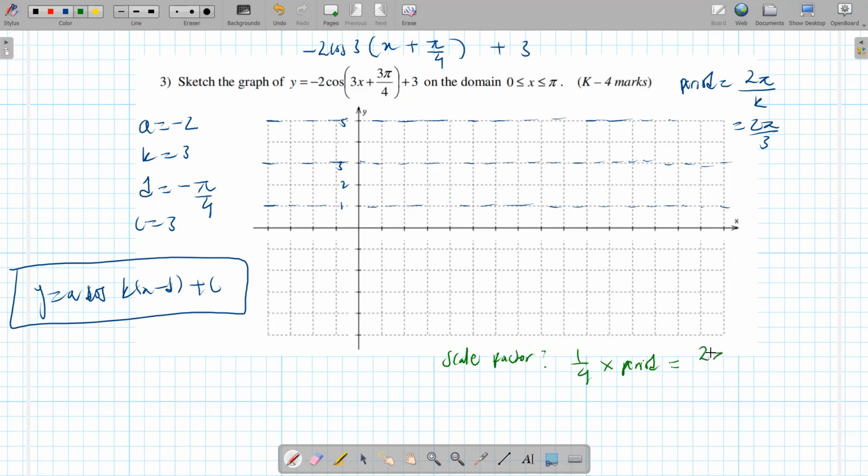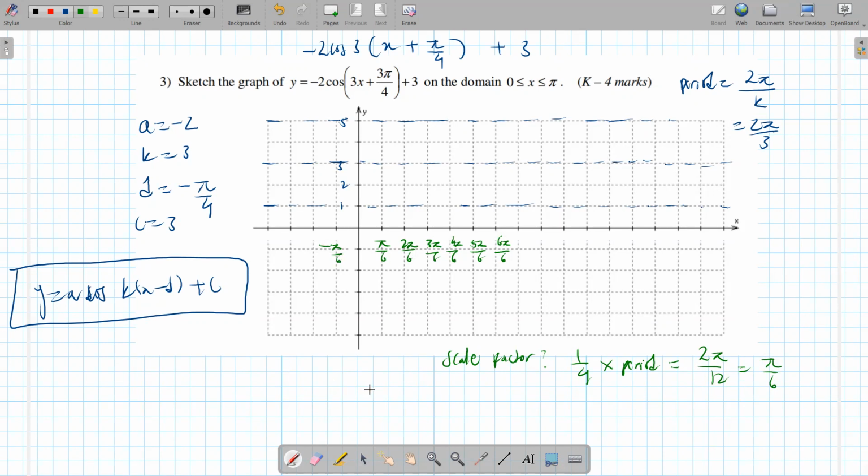So that gives me 2 pi over 12, which is pi over 6. We're going to go up and down by pi over 6. Pi over 6, 2 pi over 6, 3 pi over 6, 4 pi over 6, 5 pi over 6, 6 pi over 6. Negative pi over 6, just in case.